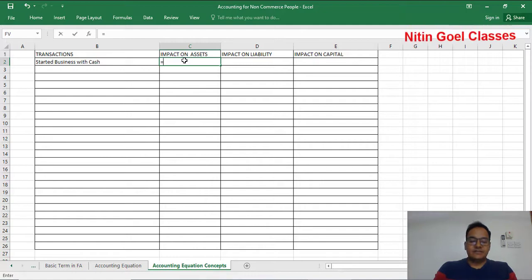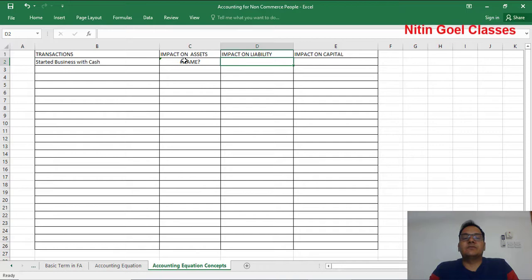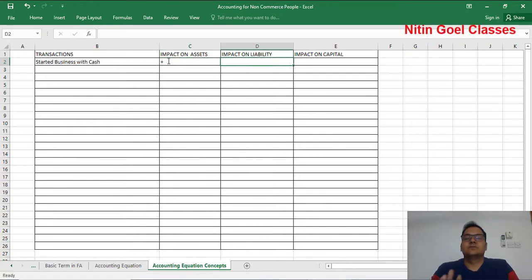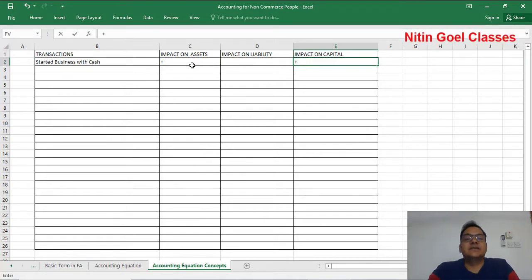We will say plus. Cash means asset will be plus. And it's also a liability, but whose liability? It's a liability of the owner, so it will again be plus in the capital.